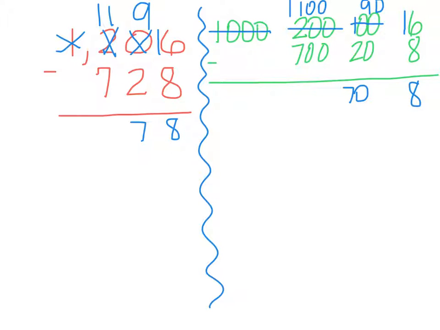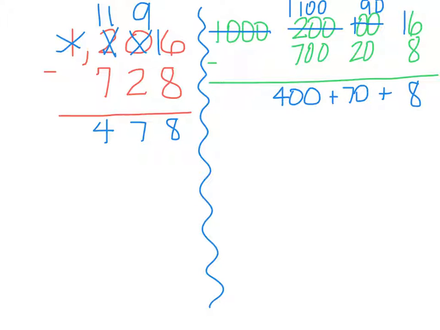So now I've got 11 minus 7, or 1,100 minus 700, which is 400, which is 4.